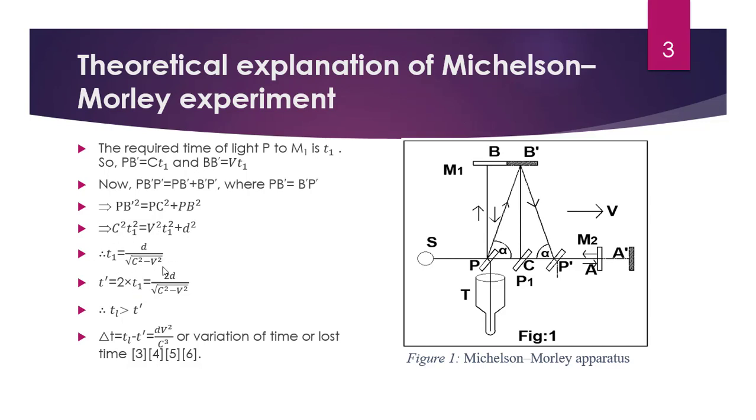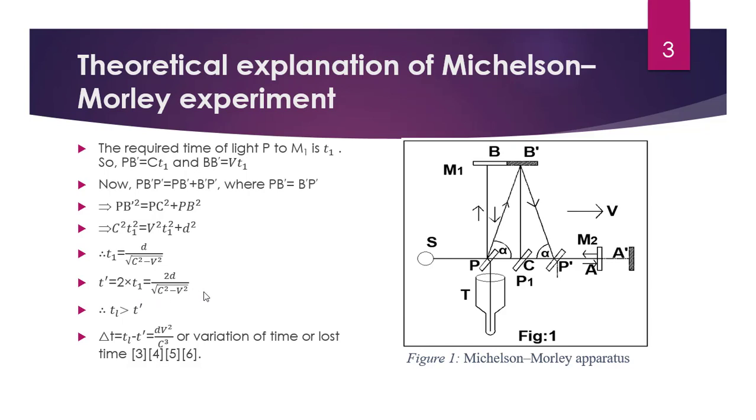After some calculation, we get T1 equals d by root over c square minus v square. So this time, the return time of the light going from P to B dash, is T1. So it goes to 2 times, multiplying by 2. Then we get 2d by root over c square minus v square.